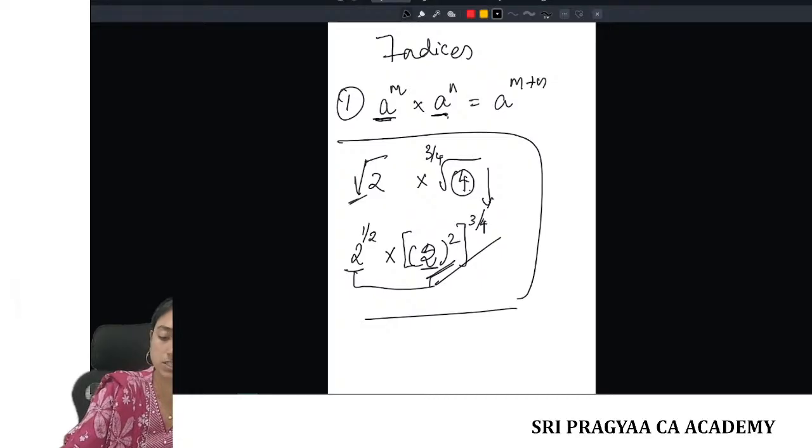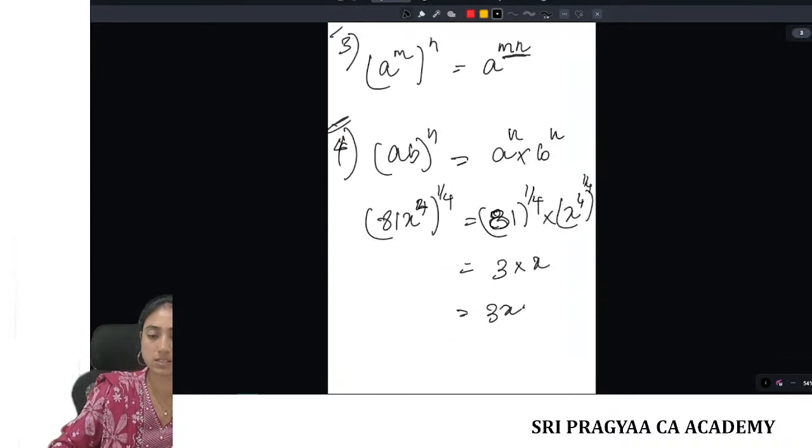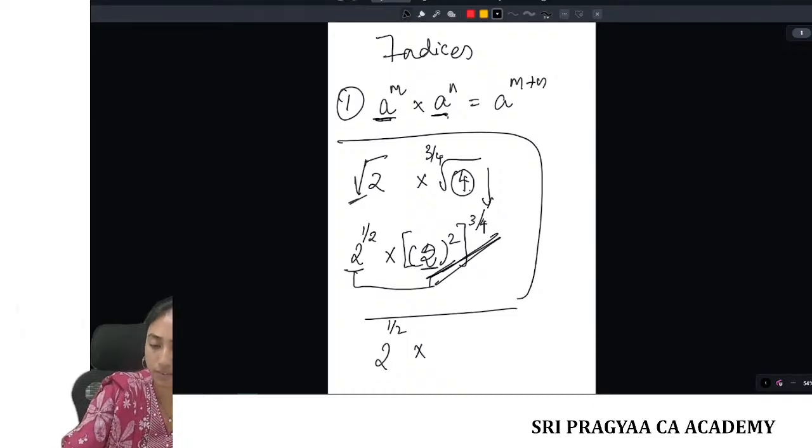So this will be 2 power 1 by 2 into, as you will see subsequently in the next third law, a raised to the power of m, that whole thing raised to the power of n, I can multiply these two.